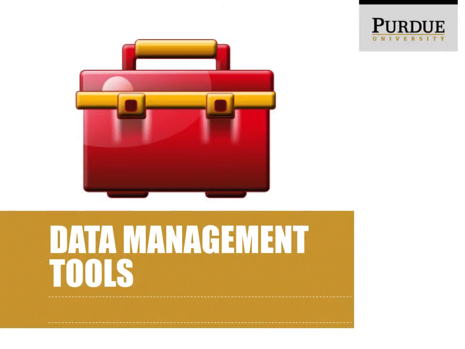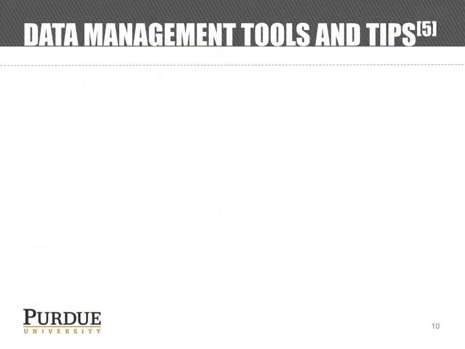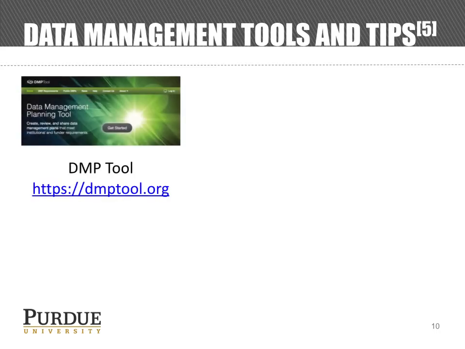Finally, let's go through some tools and tips to help you with data management. To assist in the creation of data management plans, Purdue Libraries provides researchers access to an online data management tool called the DMP tool, or Data Management Planning Tool. Here, you are given the option to select your institution and log on with your Purdue credentials.